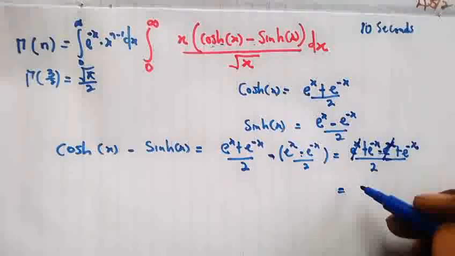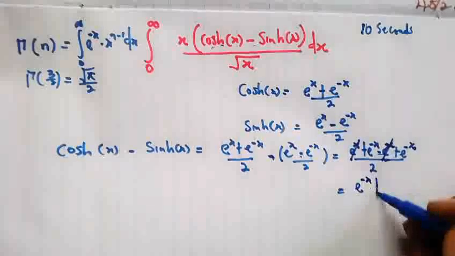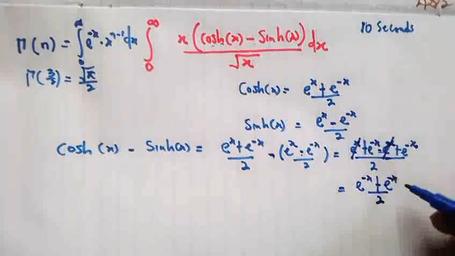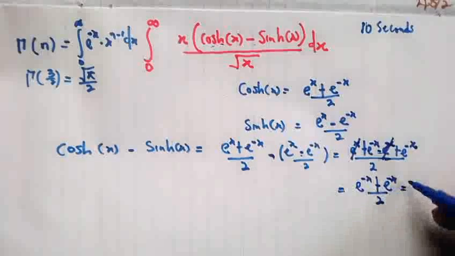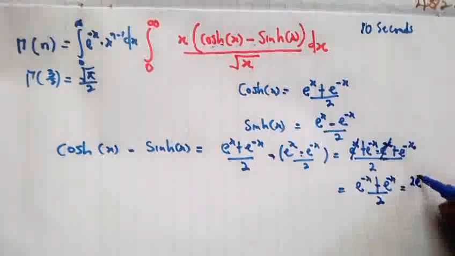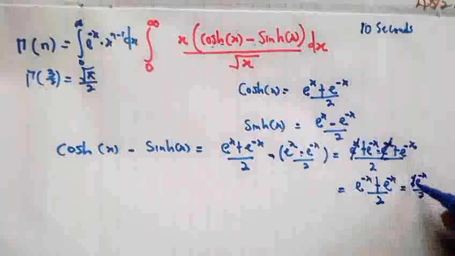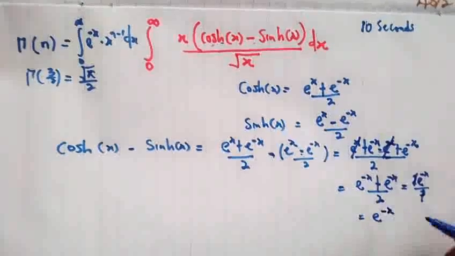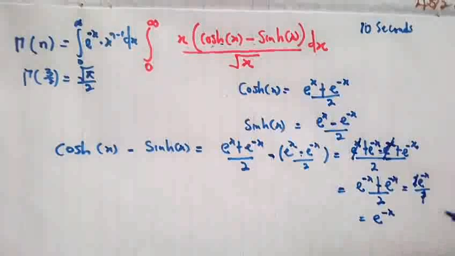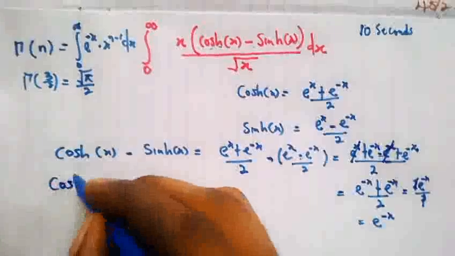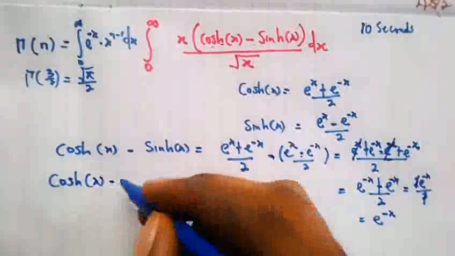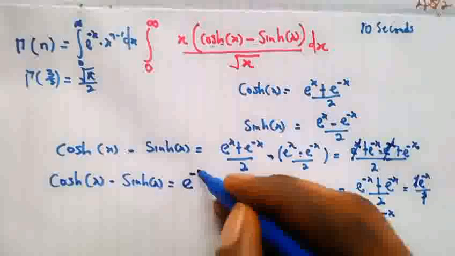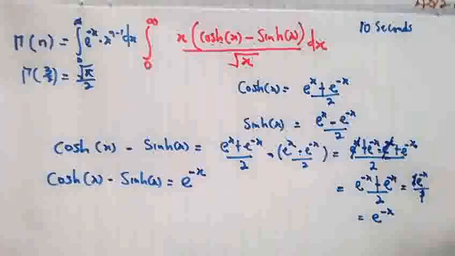So we have e raised to negative x plus e raised to negative x all over 2, and this simplifies to 2e raised to negative x all over 2, cancelling out these two, so we have e raised to negative x. Very nice. So we can say that the hyperbolic cosine function of x minus the hyperbolic sine of x is equal to e raised to negative x. This is so beautiful.